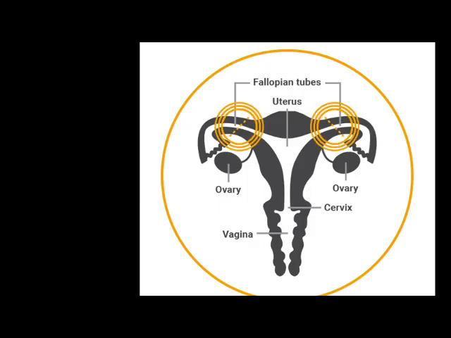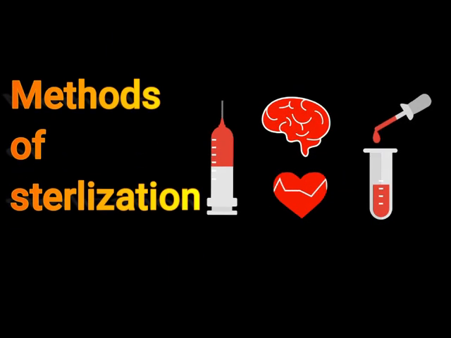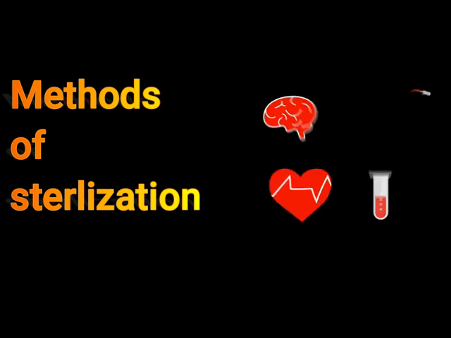The cut ends are ligated, as they were in the male vas deferens. In tubectomy, the fallopian tube is cut and ligated so that the egg cannot enter the fallopian tube. Both vasectomy and tubectomy are also known as methods of sterilization. It could be asked in an exam, so you must not get confused. These are methods of sterilization.